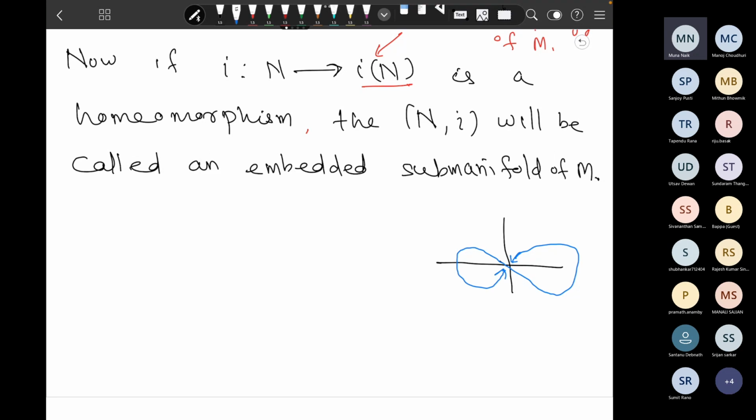This will be an immersed submanifold, not an embedded submanifold, of R2.